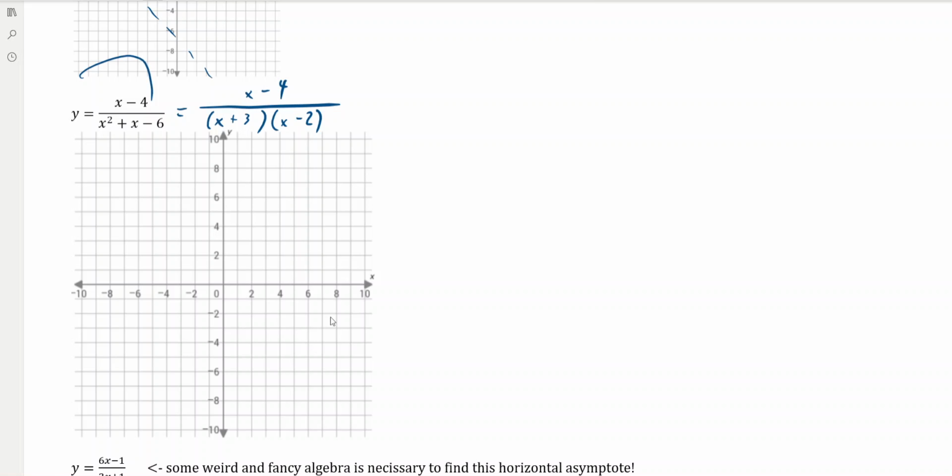Since we don't have any k value, that means we're going to have a horizontal asymptote at 0. Okay, and if you look at your denominator, x cannot equal negative 3 or positive 2. So that's negative 3, positive 2.